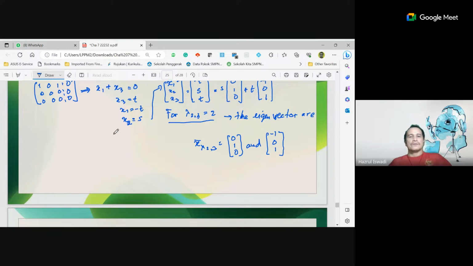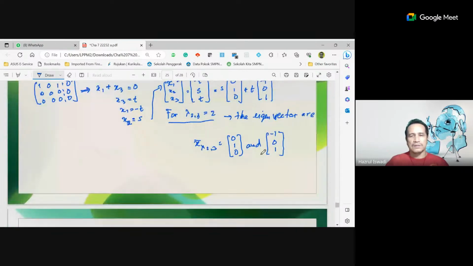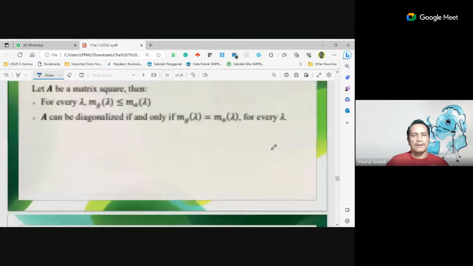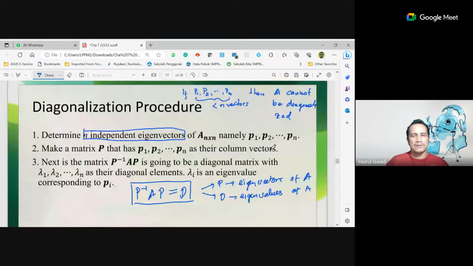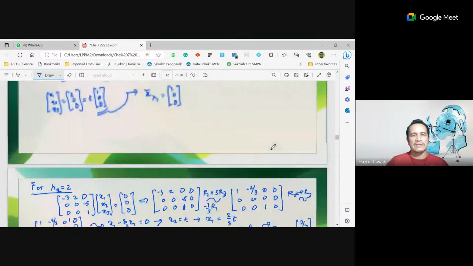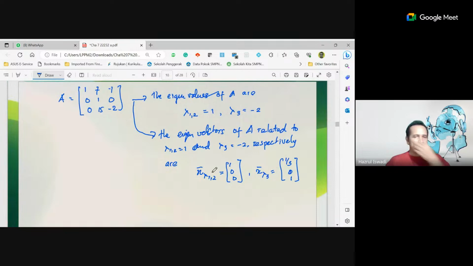So even though the eigenvalue is repeated 2 times, we still have two eigenvectors. You can look at the difference in situation with the previous exercise. In the previous exercise, the eigenvalues 1 and 2 were repeated, and the eigenvector was only 1.